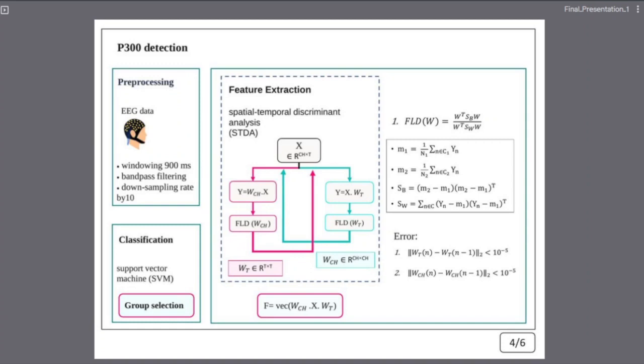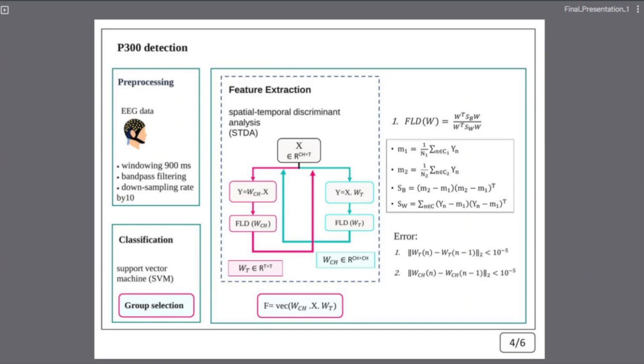The main idea is based on two projection matrices, WCH and WT, in the two dimensions of spatial and temporal respectively, which map each signal X to a new selected feature with low dimensional offset. The matrices WCH and WT are optimized by the iterative algorithm, like this picture, and the algorithm stops when the error criterion occurs.